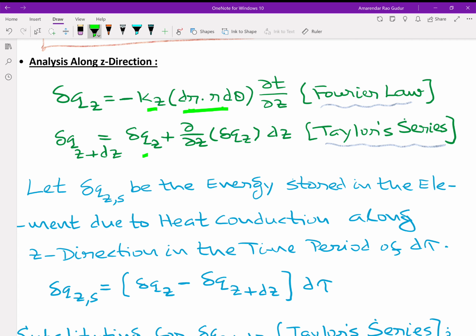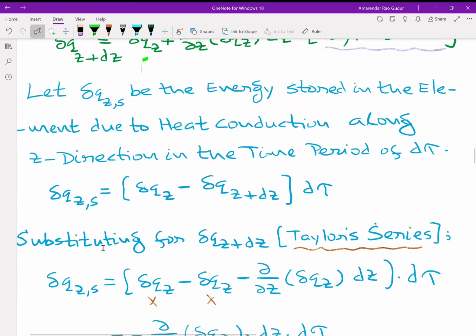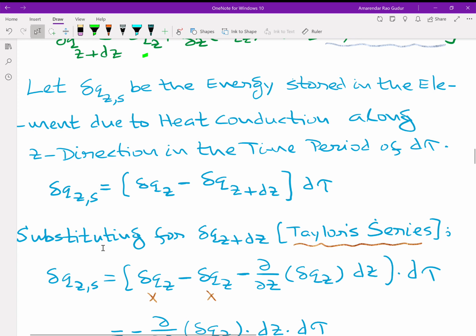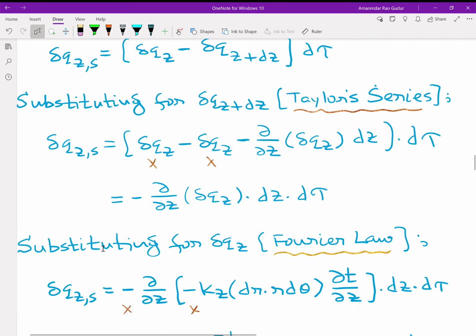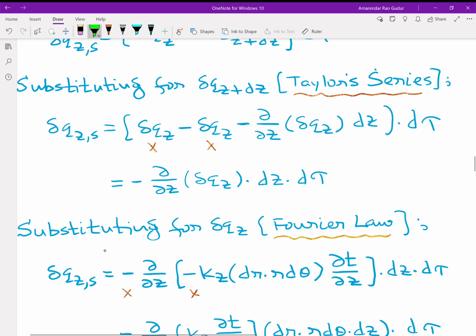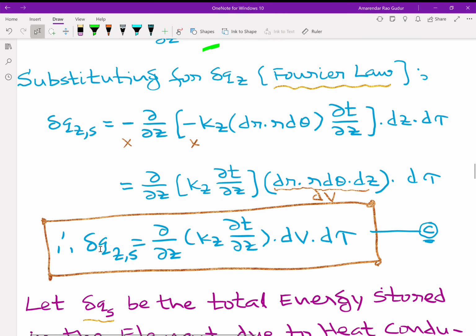Now we assume that del qz comma s is the energy that is stored in the element due to heat conduction along z direction in the time period of d tau, which is obviously energy entering minus energy leaving into d tau. Now we supplement Taylor series for del qz plus dz to get del qz comma s as minus del by del z del qz dz d tau, and for del qz we incorporate the Fourier law, and by simplification we get del qz comma s as del by del z kz del T by del z dV d tau. This is the energy that is stored in the element due to conduction along z direction.